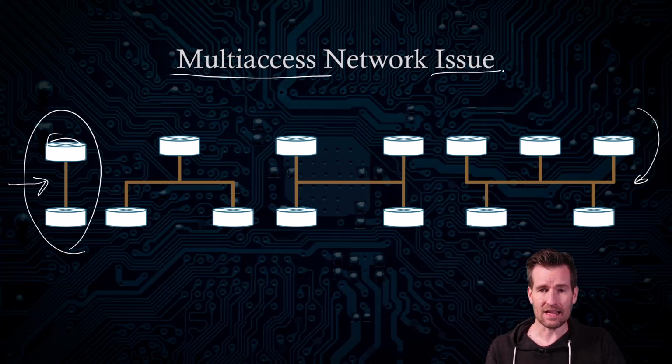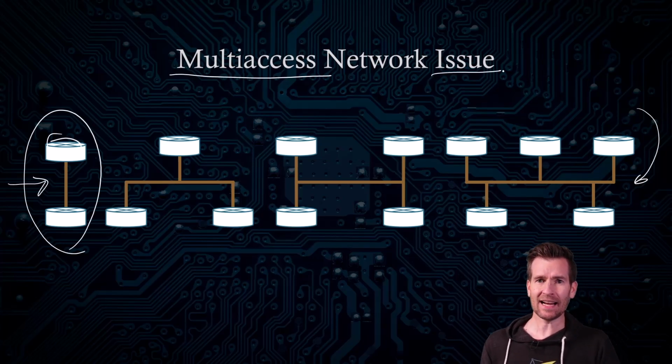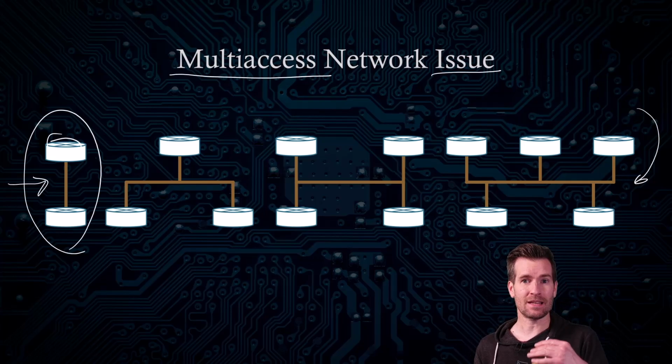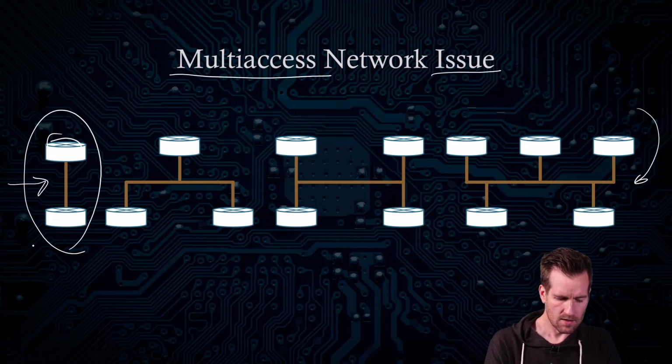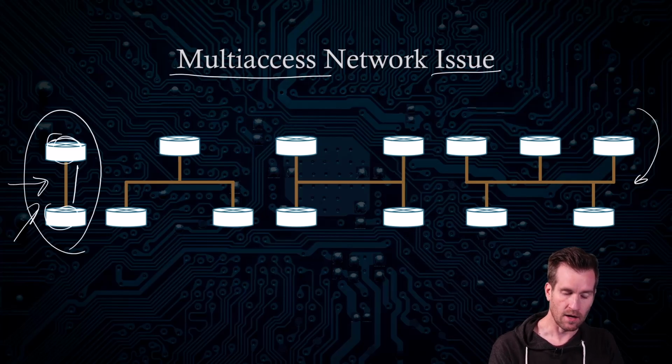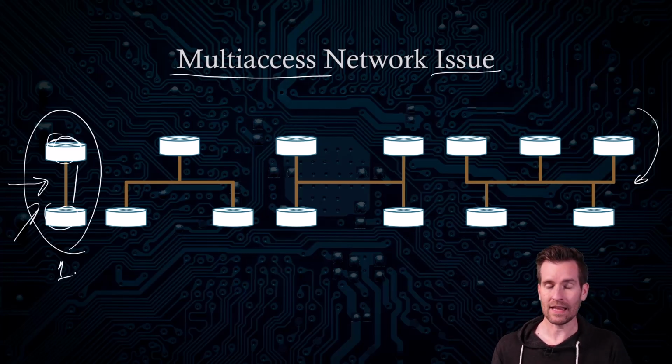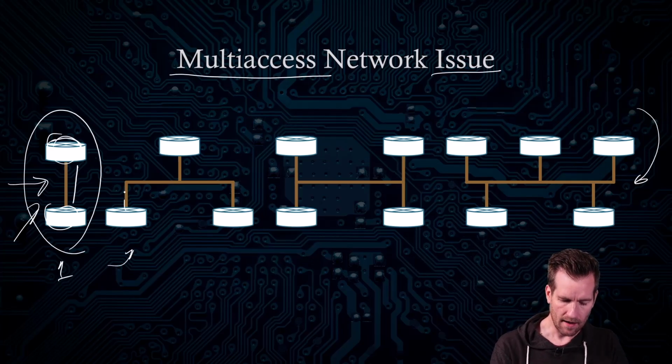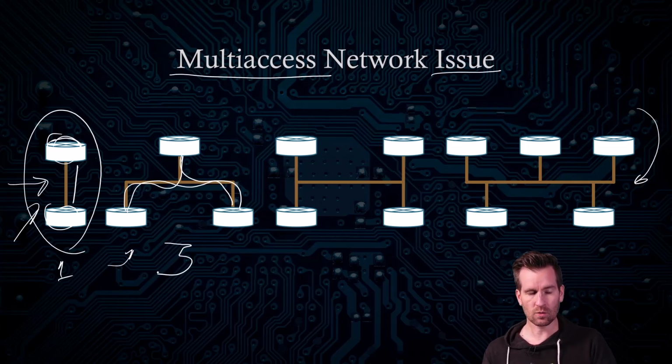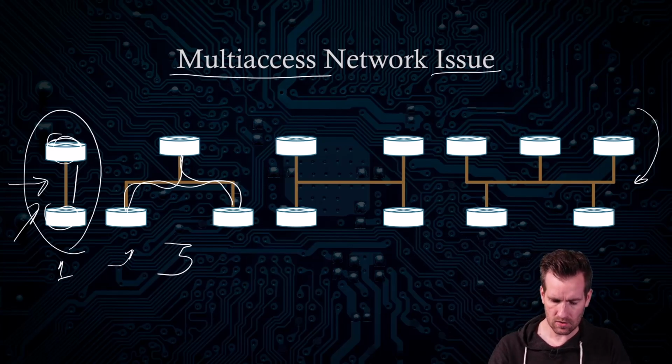So what is the issue here? Well, let's take a look at how many neighborships need to be created with this. For this first one right here, there is 1 router connecting to 1 router. That is just 1 relationship that's created there. In this network right here, we have 1, 2, 3. There's 3 connections. So with 3 routers, we have 3 connections.